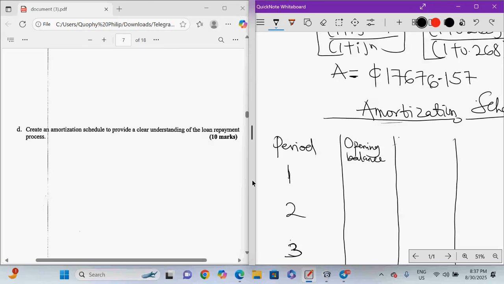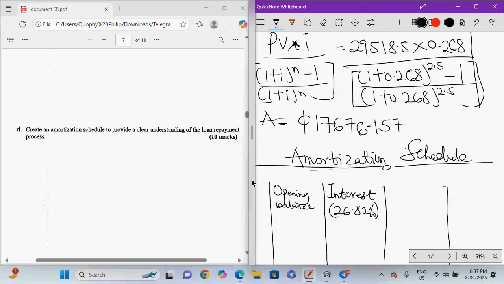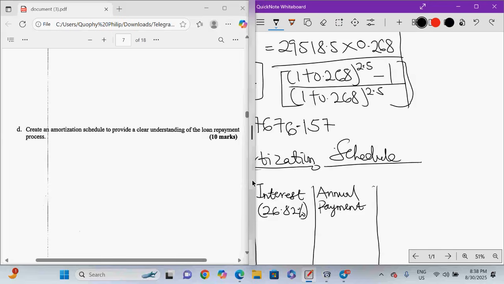And then here will be the interest, 26.82%. Then we have the equal payment or the annual payment.